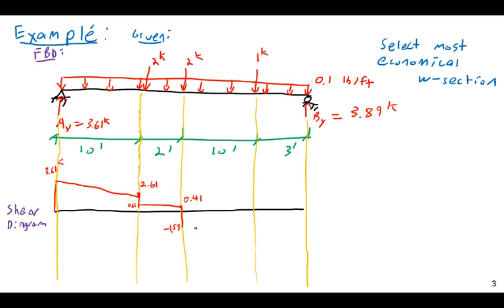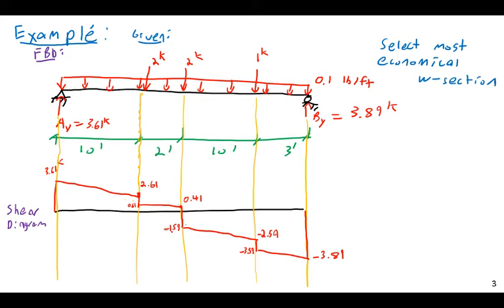Then we linearly decline to negative 2.59. Then we drop down to negative 3.59, and then we linearly decline down to negative 3.89. And finally, this reaction brings it back up to the top.